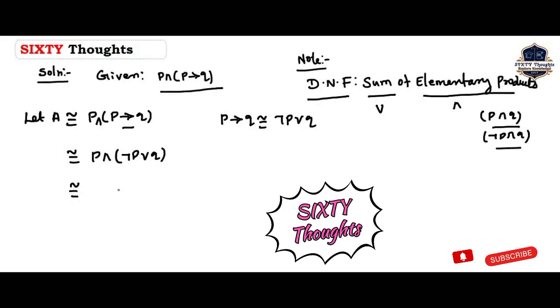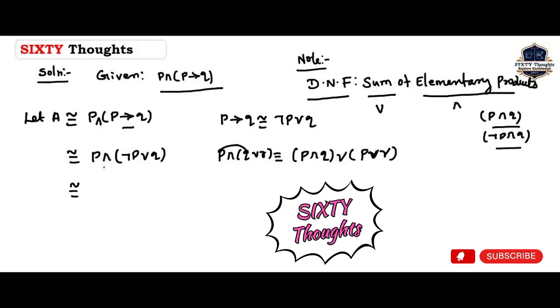What is step number 3? Whenever we want a DNF or CNF, we apply the distributive law. Here we have three different variables, P, Q, R, so we multiply: P and (Q or R) gives (P and Q) or (P and R).